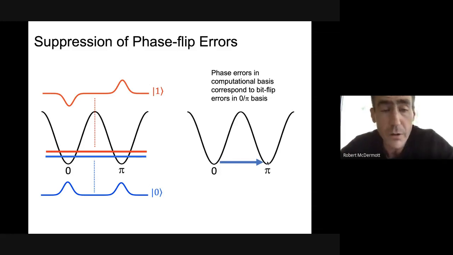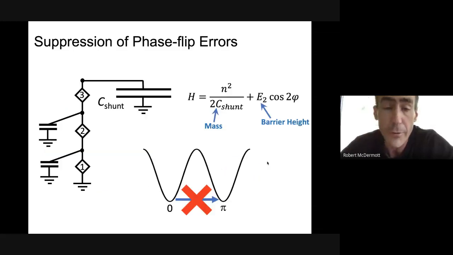Well, we know very well how to suppress that type of error. All we need to do is to take the device and shunt it with a very large capacitance so that we achieve a very large ratio E2 over EC, the second harmonic of the Josephson energy to the charging energy of this shunt capacitance.